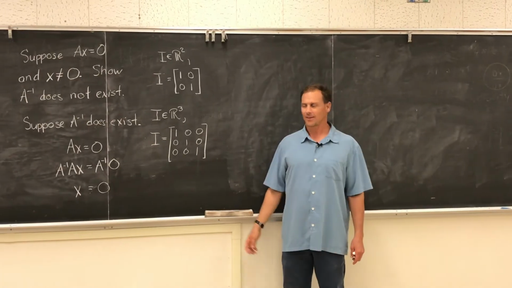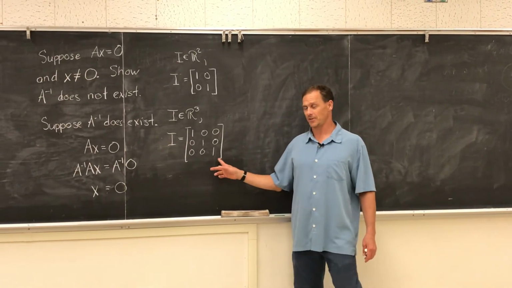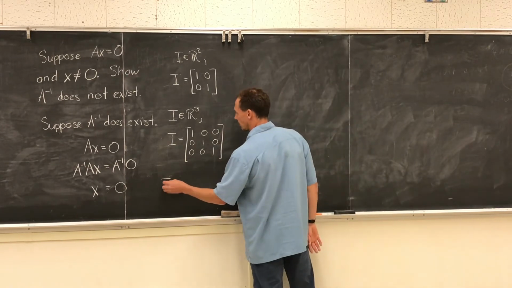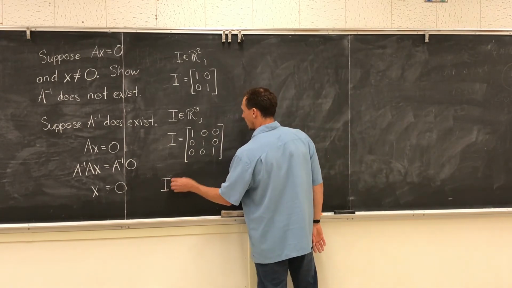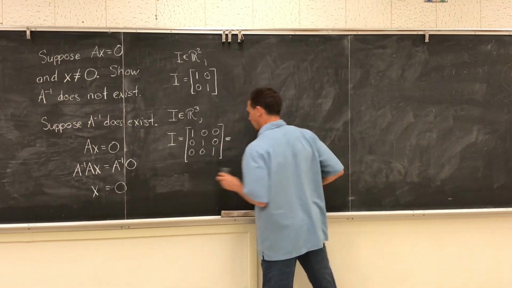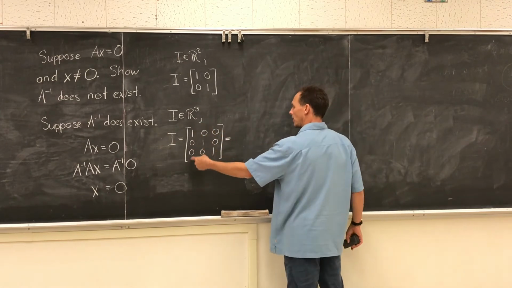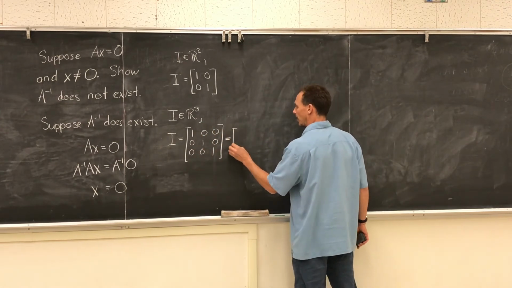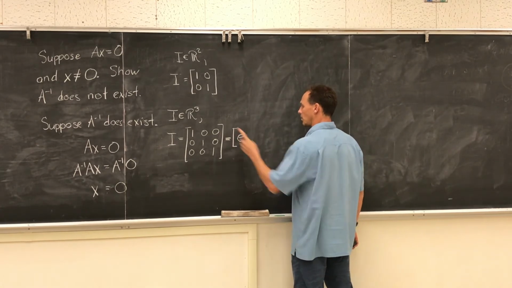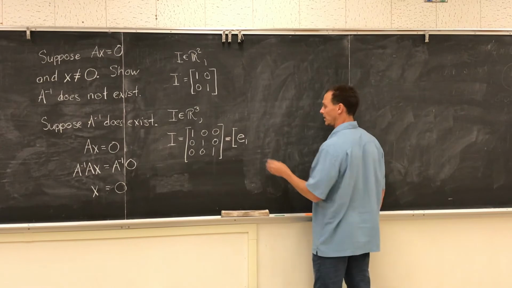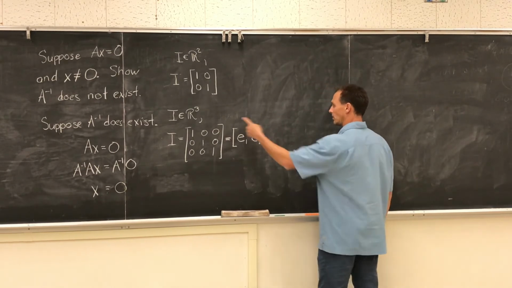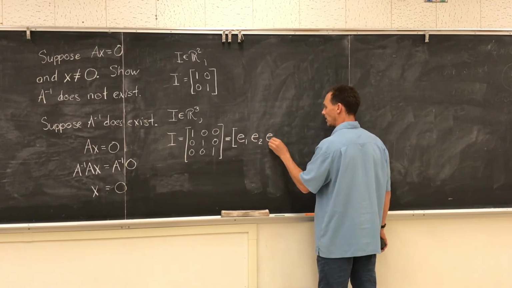Okay. Let's take a look at our identity matrix. So what we do is we have some special notation for it. And let's all write it this way. We always refer to this first vector, or in this class, we'll refer to it as E1. Our second column vector of the identity we'll refer to as E2. And the third column would be E3.